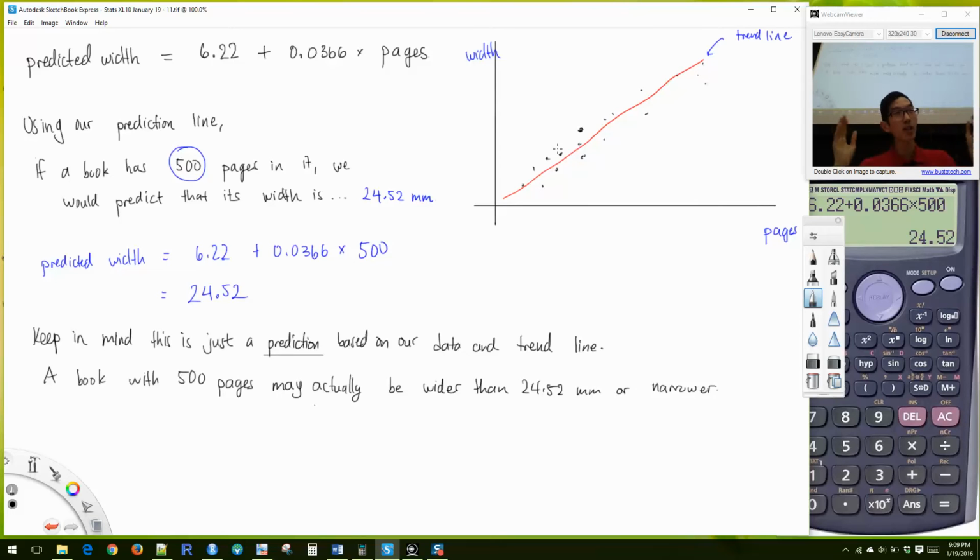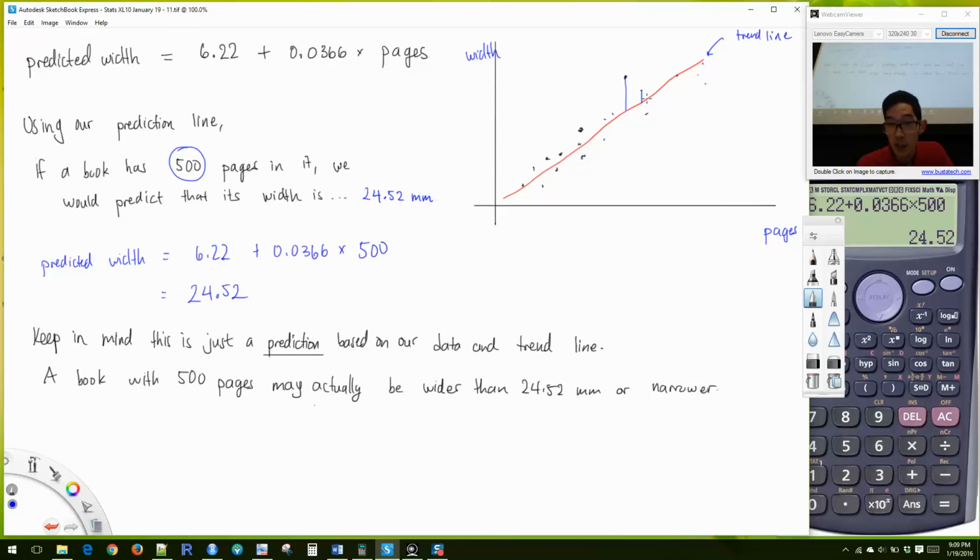But if there's any scatter, it's not going to fit perfectly, right? So it's probably going to go through the middle of all of these points, this idea of middle that we have. And some smart people did calculus and a bunch of work. It is the line that minimizes the vertical distance between each data point.